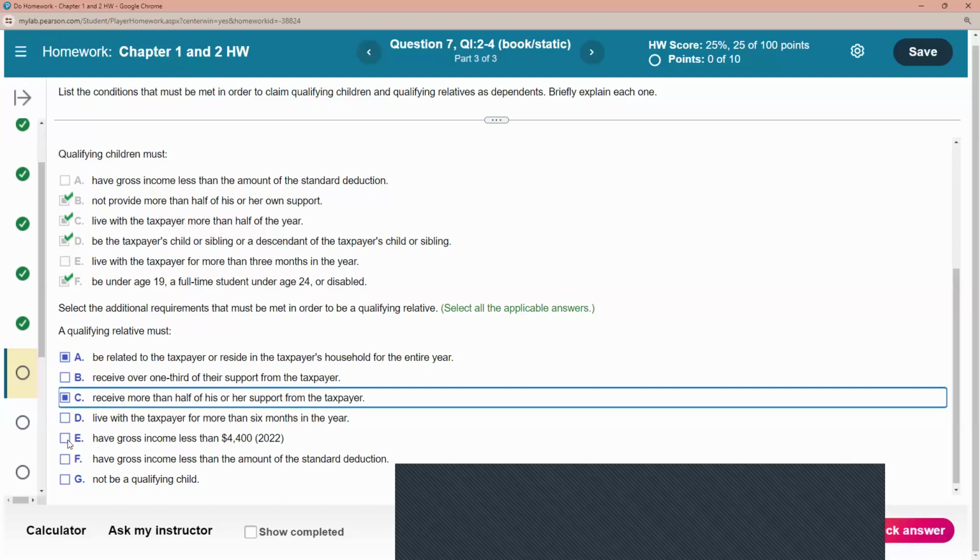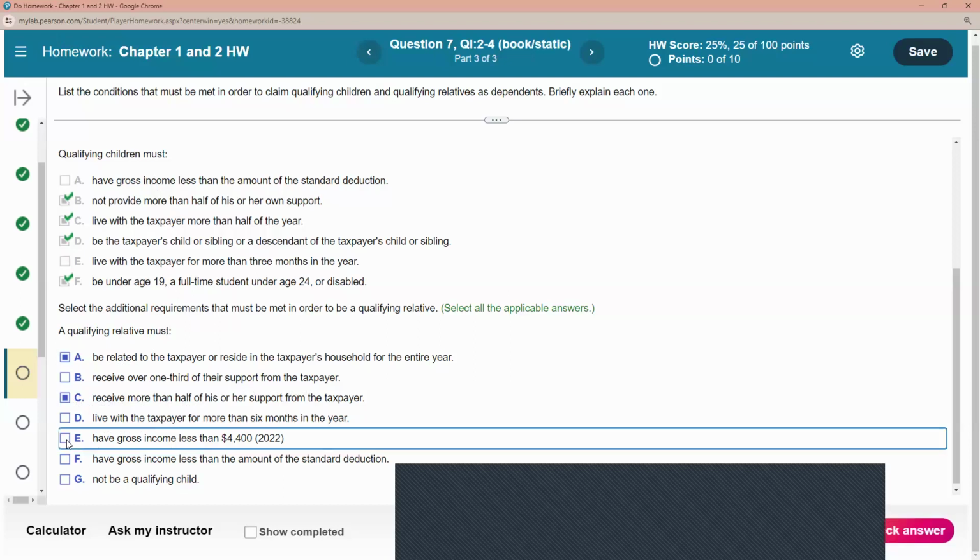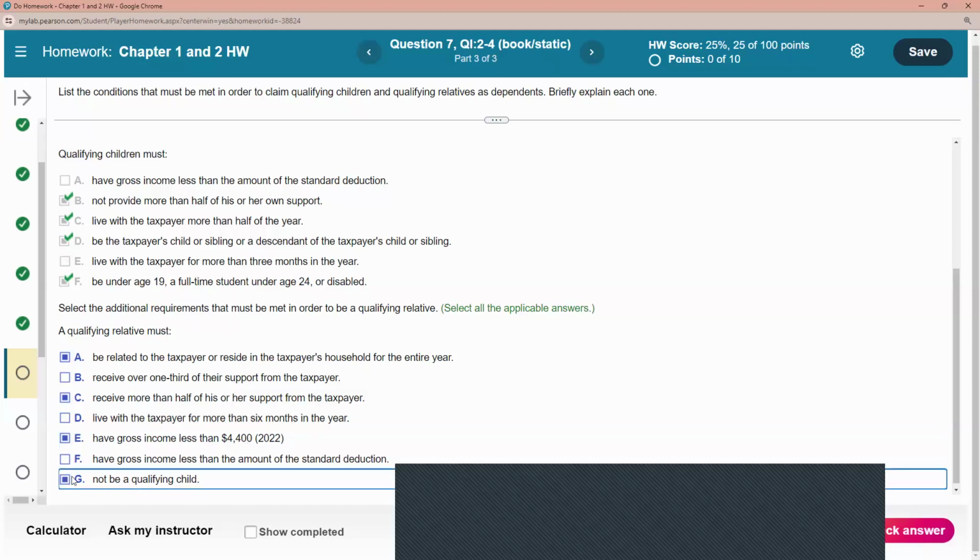E, have gross income of less than 4,400 for 2022, and for 2023, that amount is 4,700. They must have gross income that is less than the amount of the standard deduction? That is incorrect. The threshold is 4,400 for 2022 and 4,700 for 2023, and they cannot be a qualifying child.